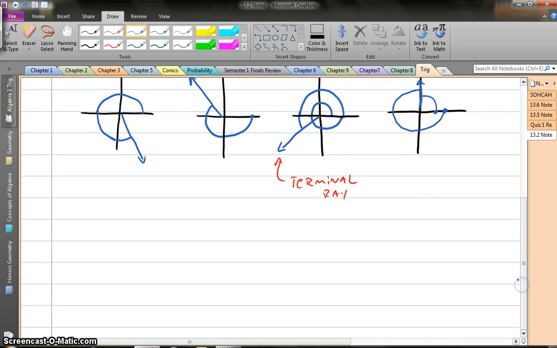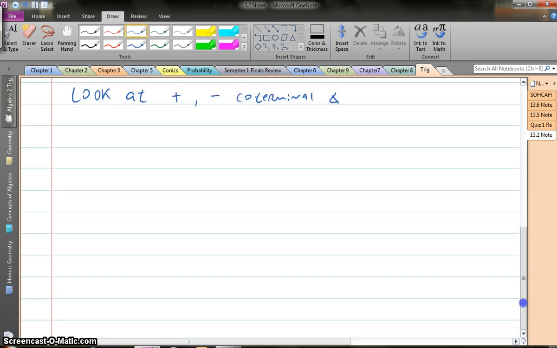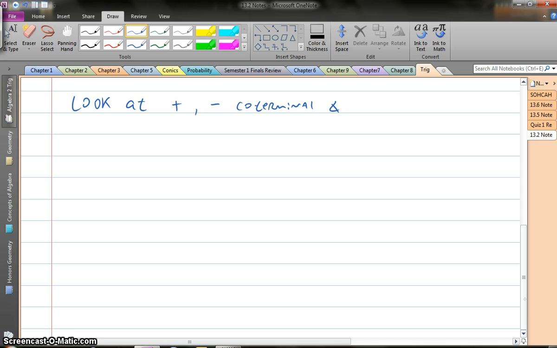So one of the exercises we're going to do is look at one positive and one negative coterminal angle. So I'm going to give you a number, a degree, an angle measure, and you need to give me the coterminal positive and coterminal negative.